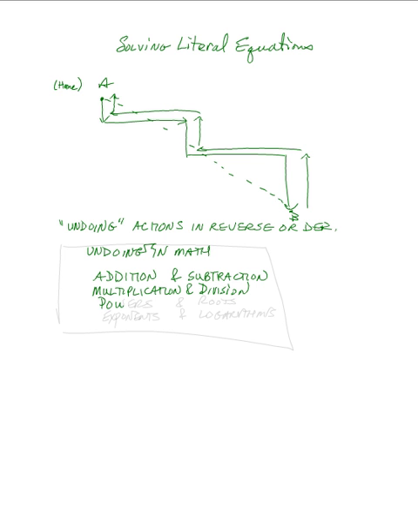Powers and roots undo each other. And exponents and logarithms undo each other. So keep this in mind as we're working out problems. And let's go ahead and take a look at our first example.